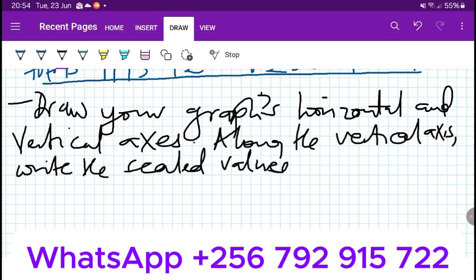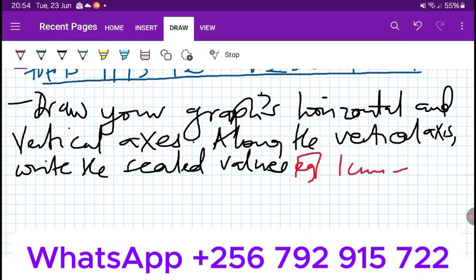So, for example, let's assume the data was below 10, the numbers were from 1 up to 10. We can use a scale of 1 centimeter to represent 1 unit, because the values are small. We can't take it to be in decimals, yet we are dealing with small values.